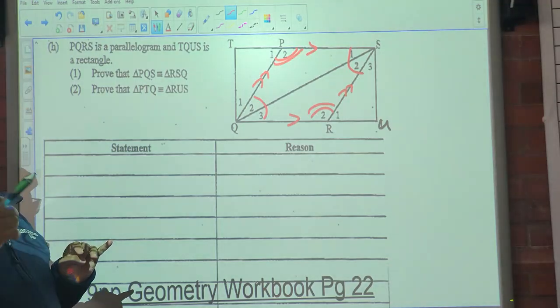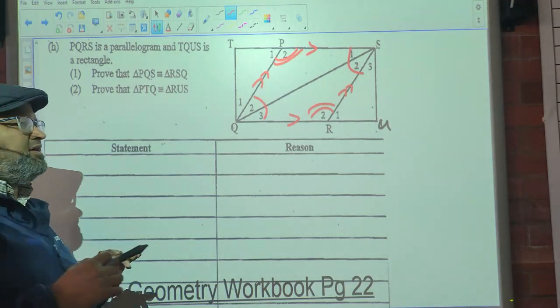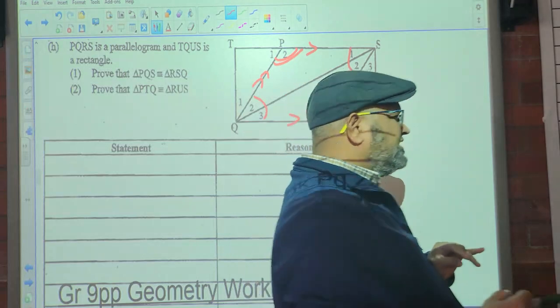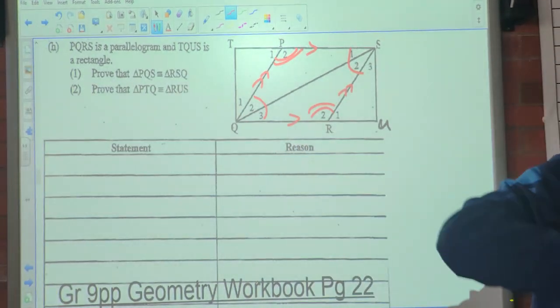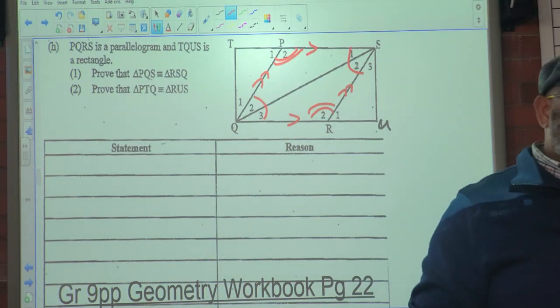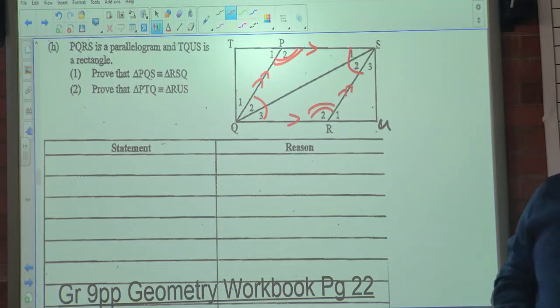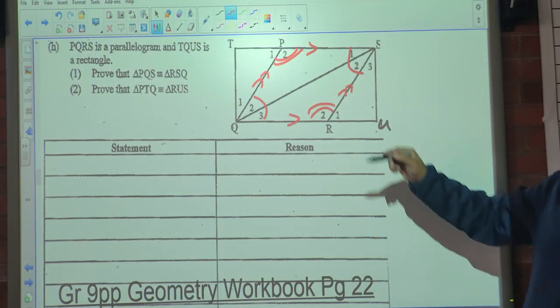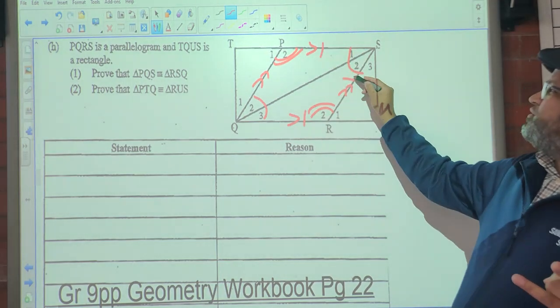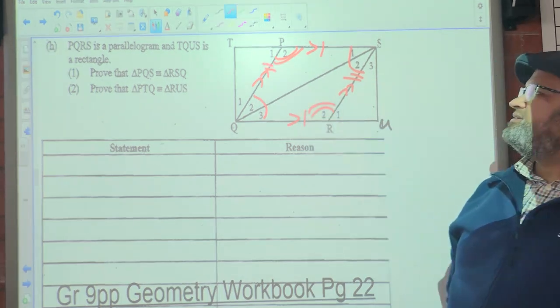The interior angles add up to 360, which is the rule for all quads. Another one: opposite sides are equal.